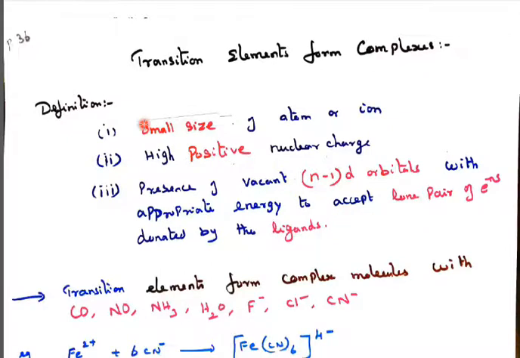So due to the small size of the atom or ion, the high positive nuclear charge, and the presence of vacant (n-1)d orbitals with appropriate energy, it accepts lone pairs of electrons from the ligands. So the ligands are donating.